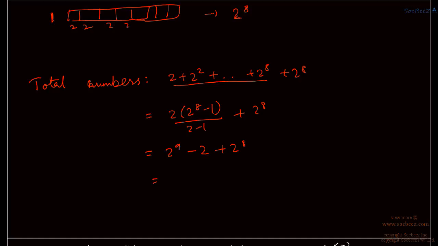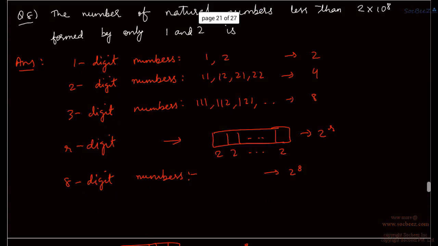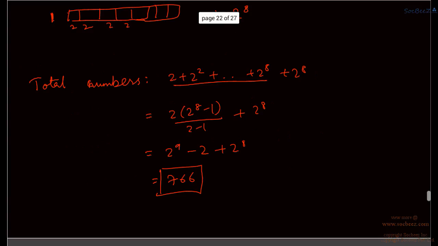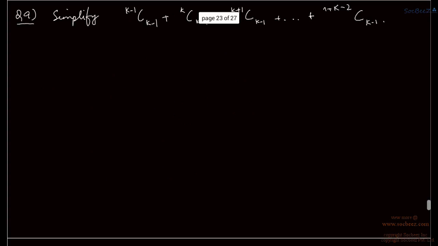Well, 2 power 9 is 512, 2 power 8 is 256. The total gives us 768 minus 2, 766. So there are 766 such numbers possible. So in this question, find the pattern, and then you can just add them using rule of sum. And be careful for numbers like this, the final or the largest number given as the limit.